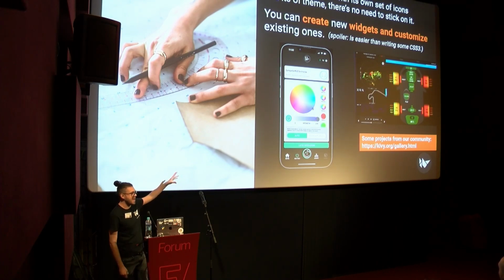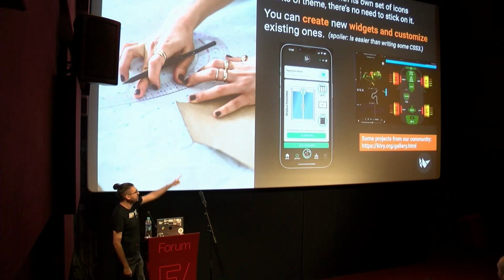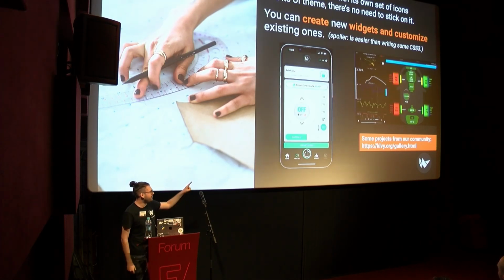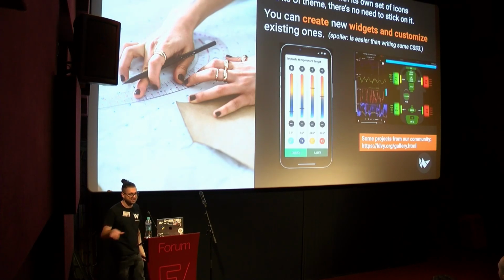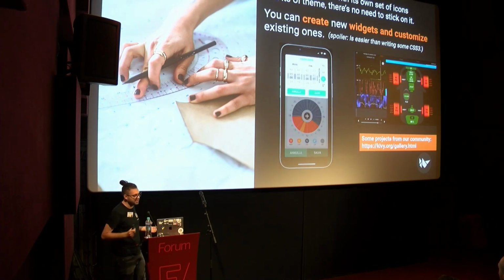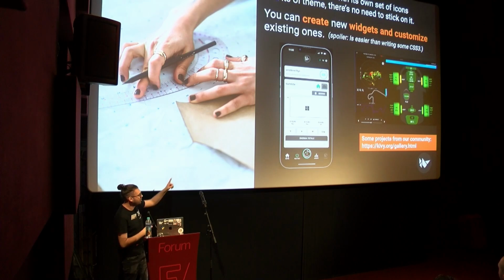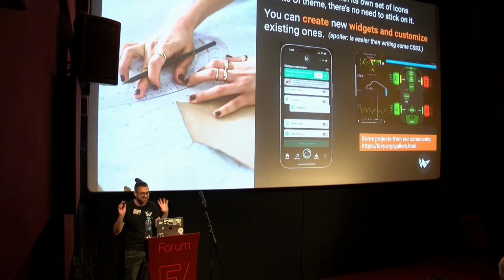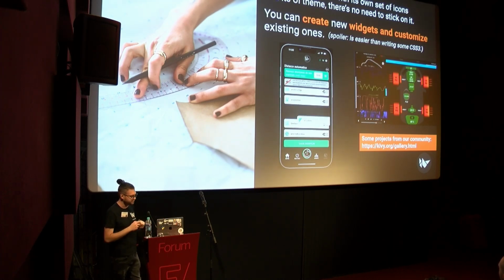Obviously, Kivy doesn't have the rolling shutter widget, this one. And another app from one of our sponsors, which tracks the car on the racetrack in real time. Obviously, Kivy doesn't have the car widget with all the graphics data. And spoiler, at least for me, it's easier to write some CSS3.